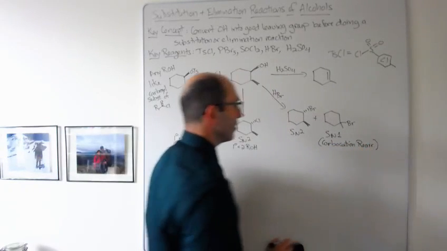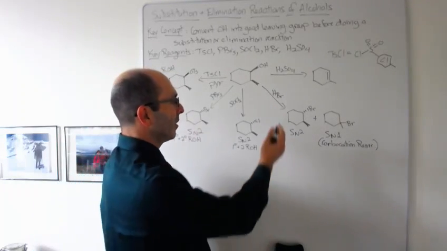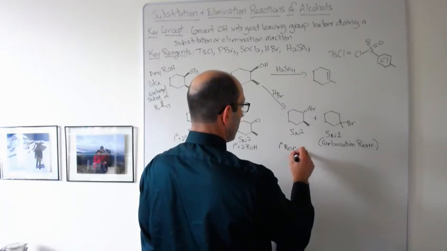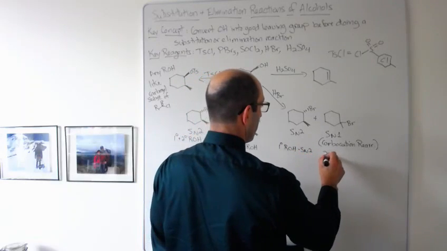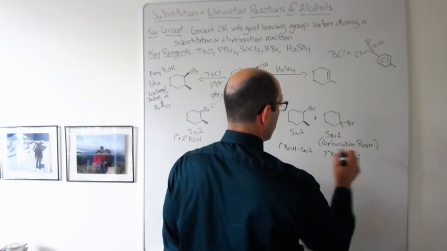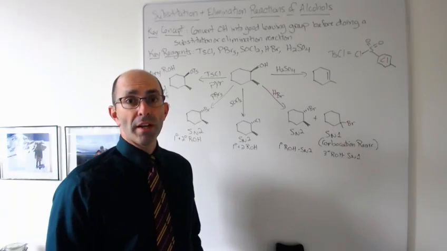All right, so that's a little bit weird that we get a combination of SN1 and SN2. This in general is much more useful for primary alcohols, where we get SN2, or tertiary alcohols, where we get SN1. You can see in this case we get a combination of SN1 and SN2 for a secondary.